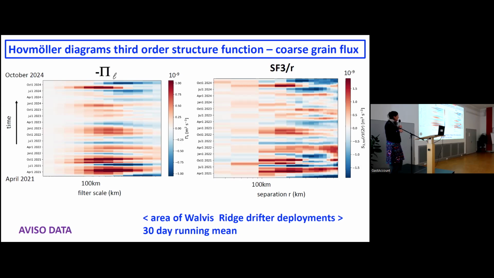Positive here means inverse cascade. This is a 30-day running mean. You have some years or months where you get negative, and it's consistent with the negative structure function. So if you average over all of these years, you get the net inverse cascade, but you have to be careful.